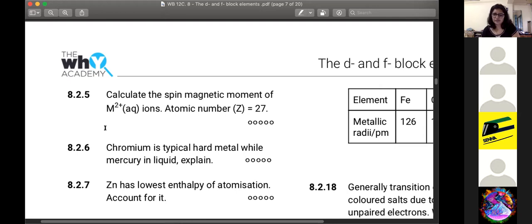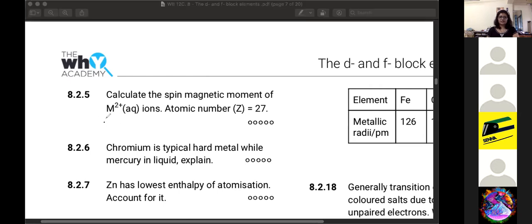Jinain has already given an answer. Okay, I will check it. So atomic number 27, what is the electronic configuration going to be? You've got Ar 4s2 and 3d5.